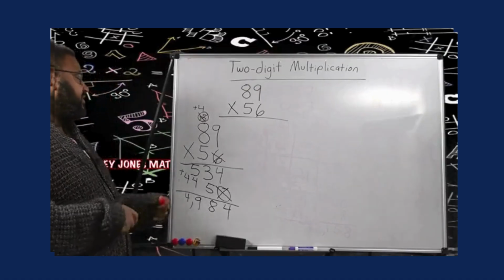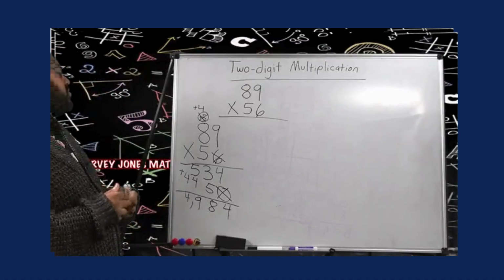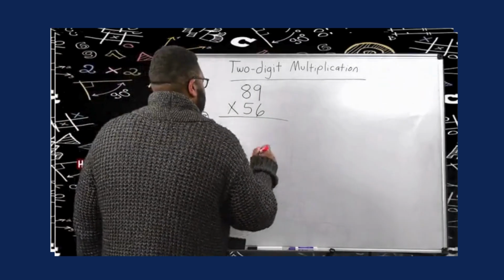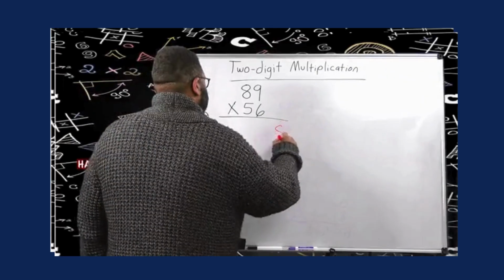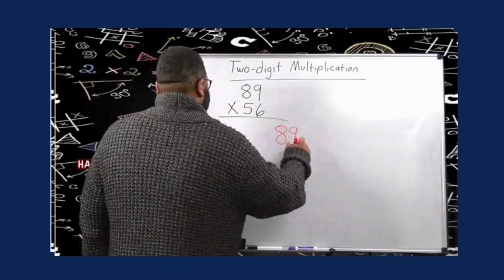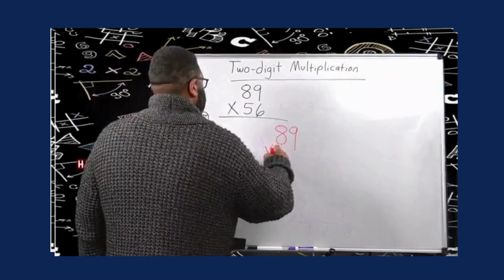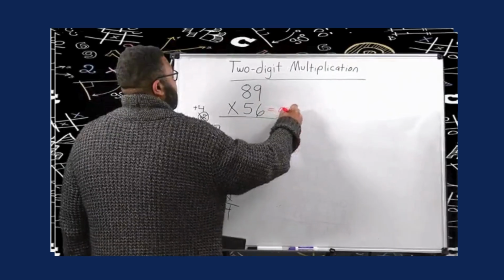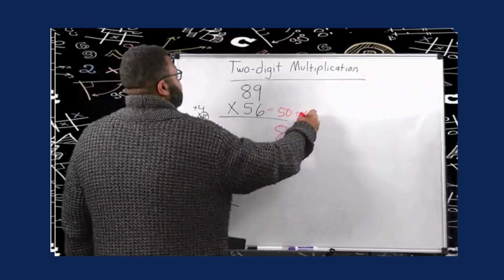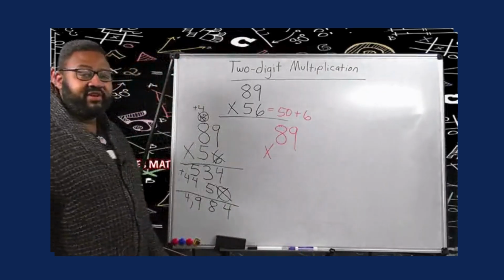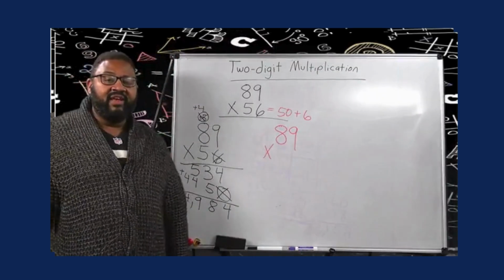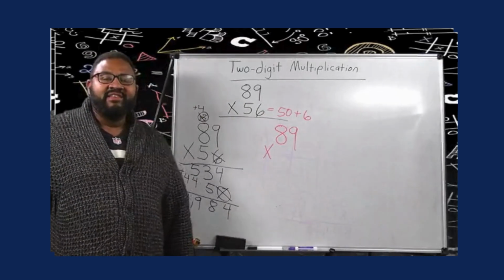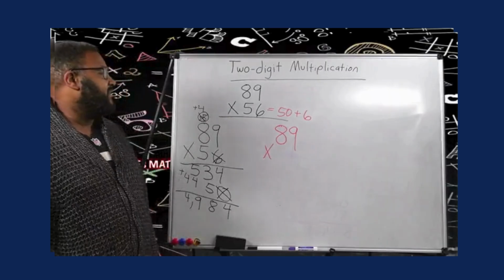All right, now I'm going to do the daddy traditional way right here. What do you mean by that? I'm just going to write this 89 times what we got here. That's going to be 50 plus 6. Hey, don't get upset. All we're doing right now is the expanded form of 56.